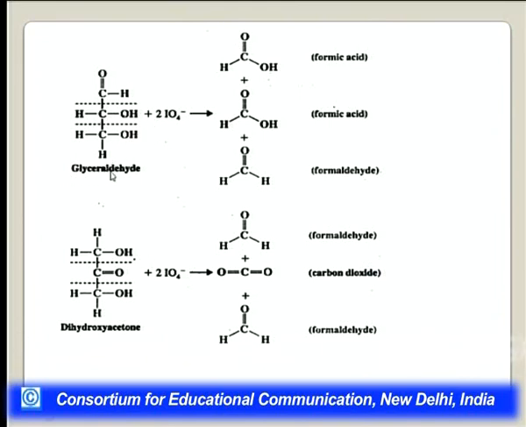This is glyceraldehyde, and you can see how the cleavage took place: this is formic acid, another molecule of formic acid, and formaldehyde. This is dihydroxyacetone, and from here you get formaldehyde, carbon dioxide, and formaldehyde.